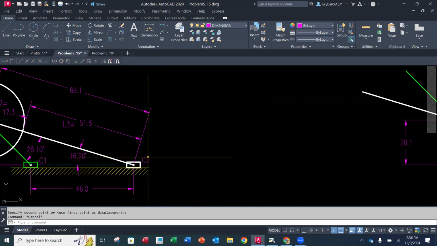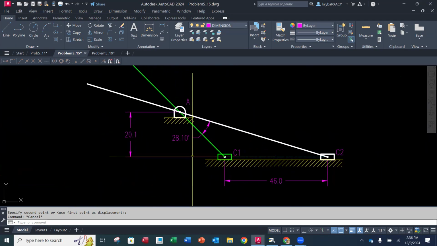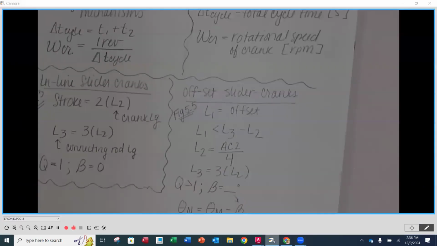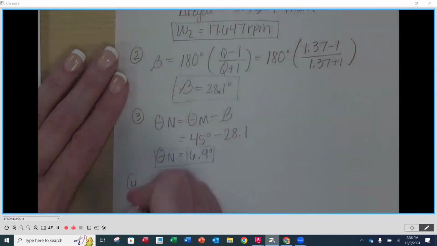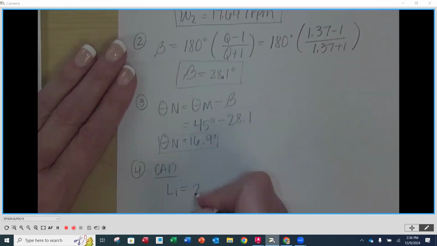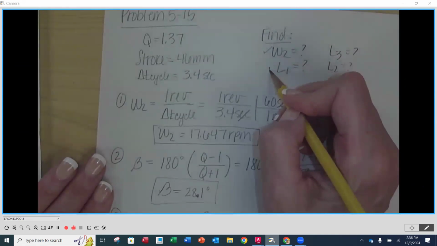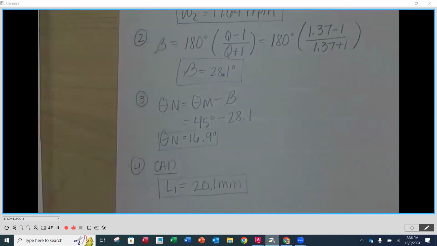That's going to be measured from CAD. So I can put underneath here, step number 4, and I'm going to say CAD, L1 equals 20.1 millimeters. So that's one of the distances I got. So I can say L1 is done and W2 is done.